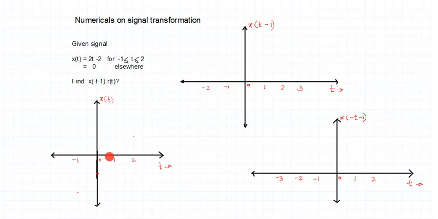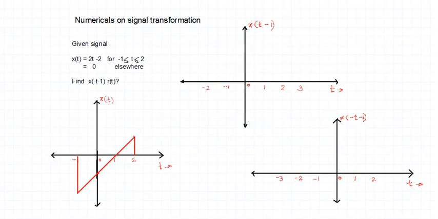Once you know these points, now what you have to do is simply join the points. If we join the points, we get the resultant signal. So at 0 it is -2, at 1 it is 0, and at 2 the signal reaches a magnitude of +2. Everywhere else it is 0, so I have to bring the signal to 0.